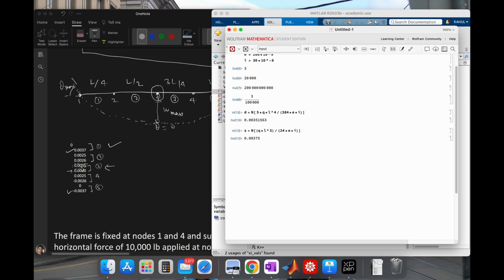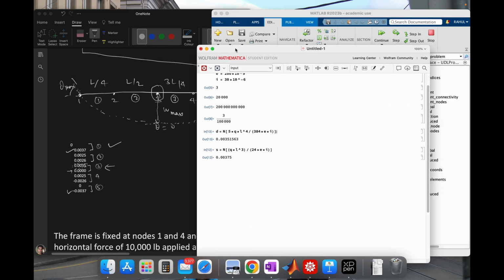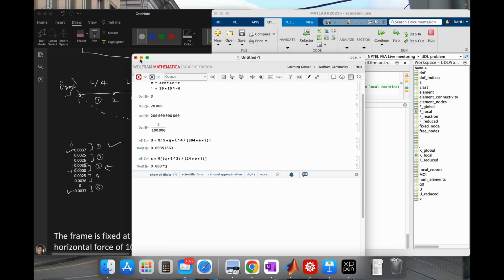So you can see that it is approximately the same. MATLAB gives only up to 4 decimal points, so approximately it is correct. And this is the slope, you can see that it is also matching. Which means that our solution is correct.